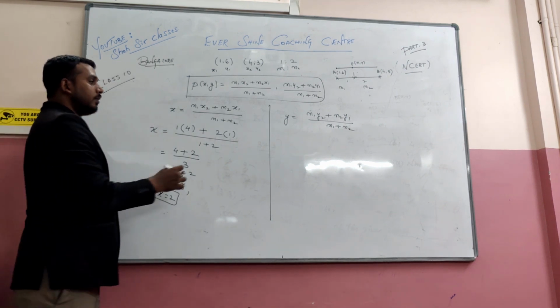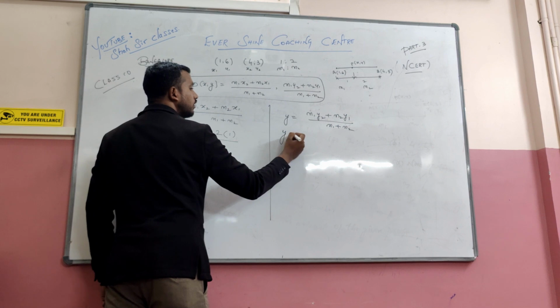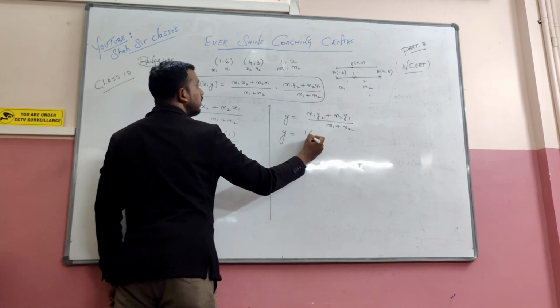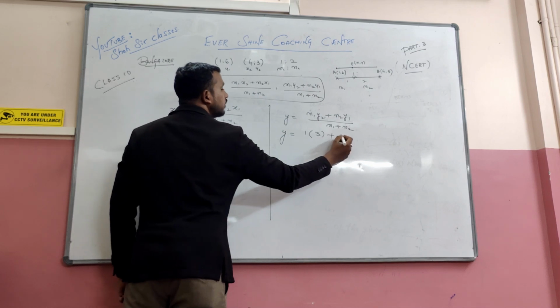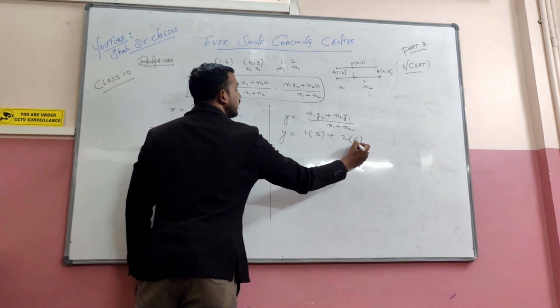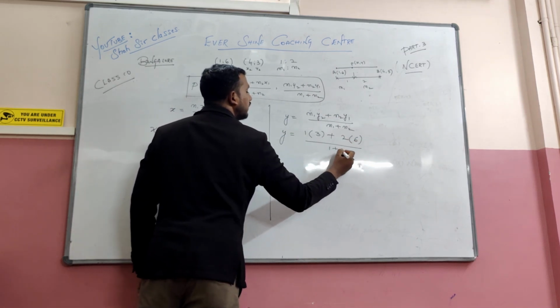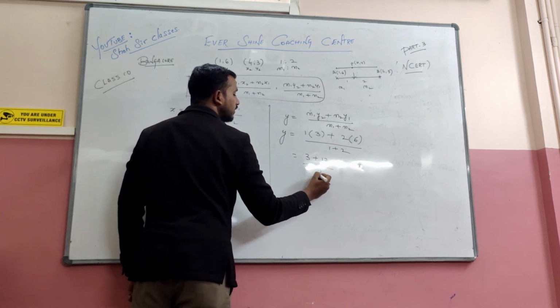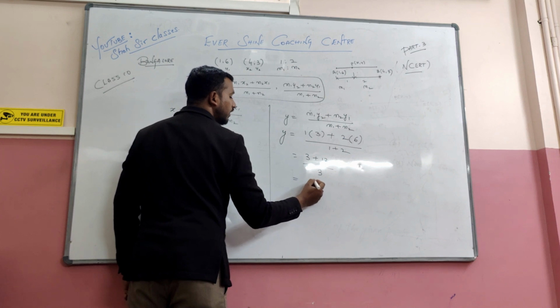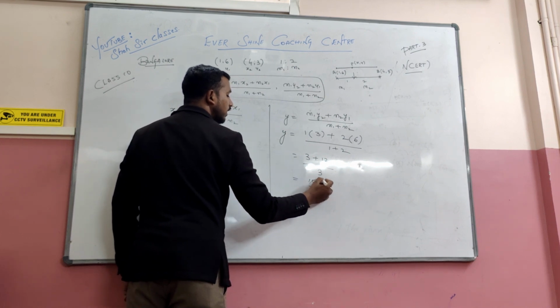Done. Similarly, Y equals (m1 is 1, y2 is 3, plus m2 is 2, y1 is 6) by (1 plus 2). 1 3s are 3, 2 6s are 12, by 2 plus 1 is 3. 12 plus 3 is 15, by 3, 3 5s are 15.